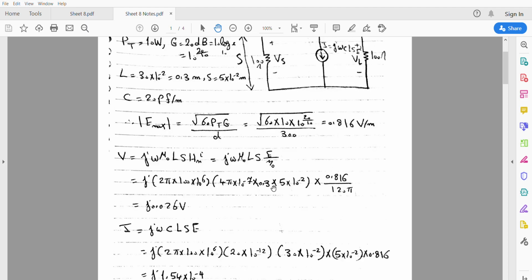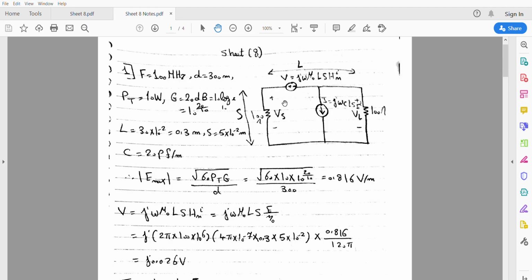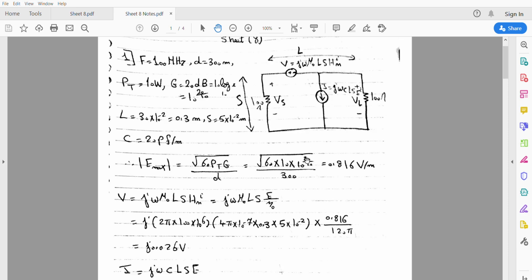Then we need to determine the value of Vs and find the value of VL at the 100 ohm loads. When we have two sources, we use superposition.